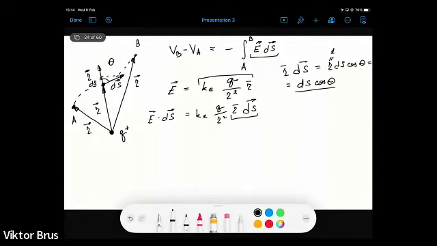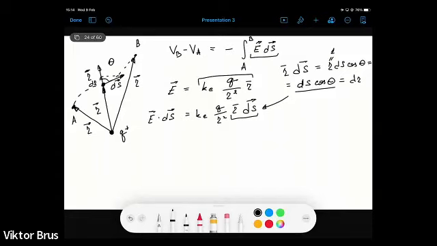That can be substituted here instead of the dot product of two vectors, and we can also substitute ds times cosine theta with dr, the change of the position vector.